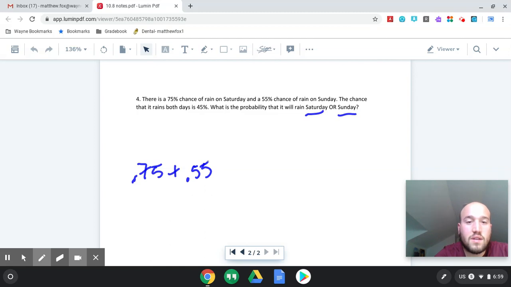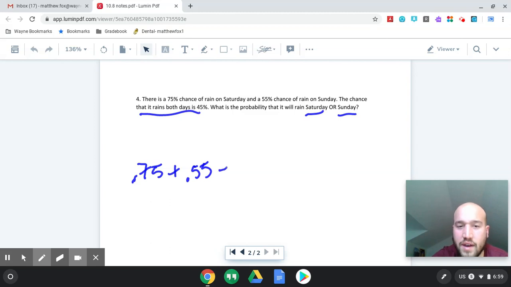However, there's also a chance, which we already calculated, that it could rain both days. We want to take that out because right now 0.75 plus 0.55 results in 1.3. It's impossible to have more than a 100% chance that something's going to happen, so we know something's not right. If you ever get over 1, double check because something's wrong.